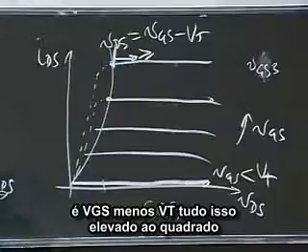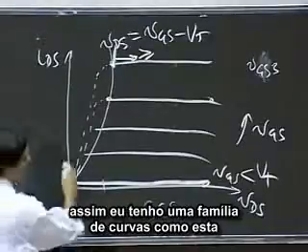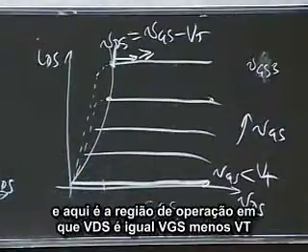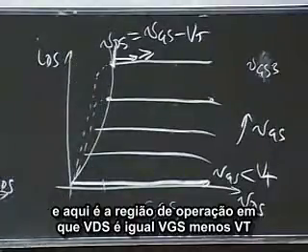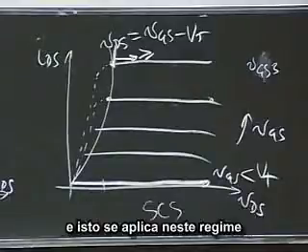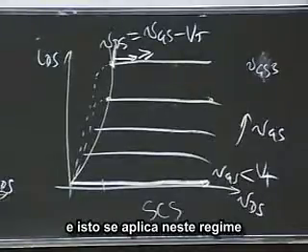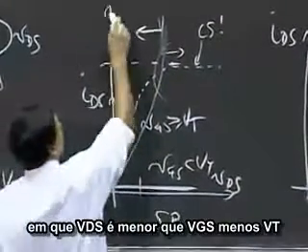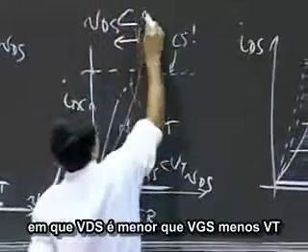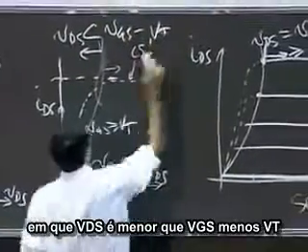Okay, it's VGS minus VT whole squared. So I get a family of curves that look like this. And this applies in this regime where VDS is greater than VGS minus VT.